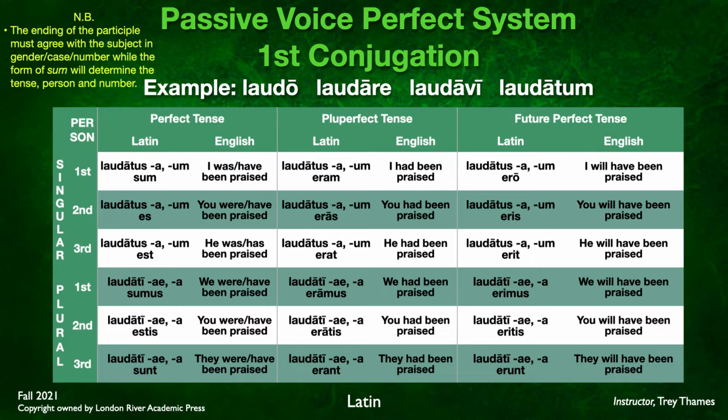The idea here is that if the subject is masculine and it is nominative and it is singular, which of course it will be nominative, then we're going to have laudatus sum. And if the subject is feminine in the nominative singular, we'll have laudata sum, and if it's neuter, it would be laudatum sum, etc. So it's got to agree in case, number, and gender. It's kind of acting like a predicate adjective in this sense.